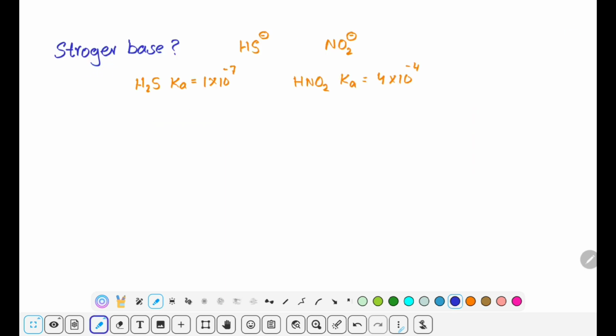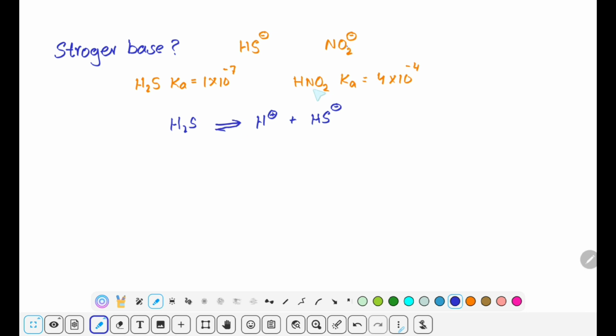In this question, we are asked to find the stronger base. Looking at the given examples, HS^- is the conjugate base of H2S. When H2S ionizes, it gives a hydrogen ion in aqueous solution and the conjugate base HS^-. An acid produces a conjugate base and a base produces a conjugate acid. This is a reversible process.